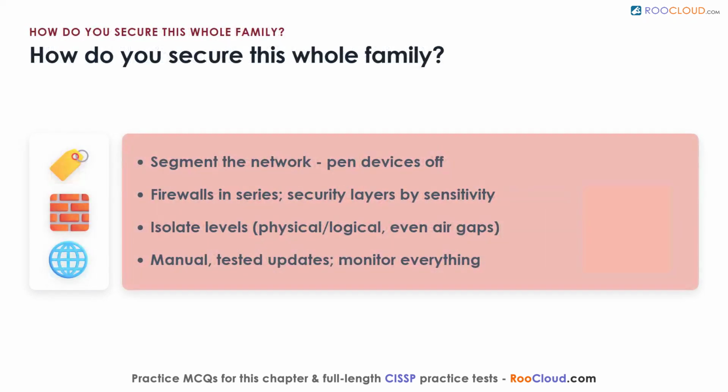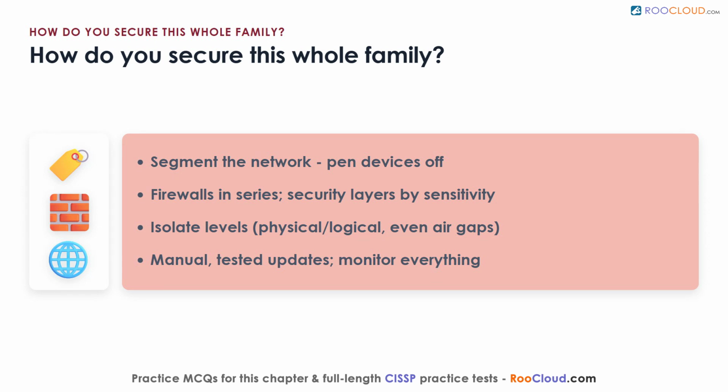So how do you secure this whole family? You layer several controls, since no single one is enough. Segment the network, so these devices are penned off and an exploit cannot spread to them. Stack firewalls in series, from network appliances down to application and internal segmentation firewalls, so they complement each other.